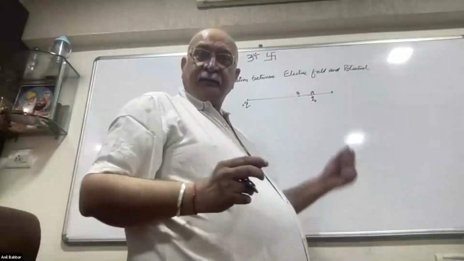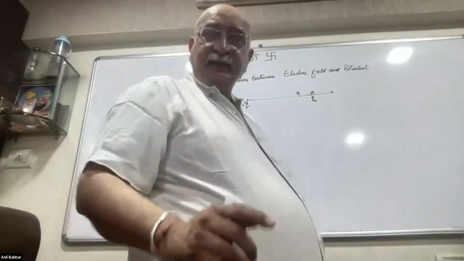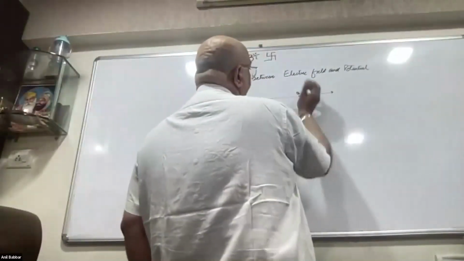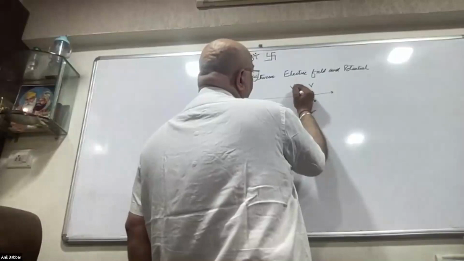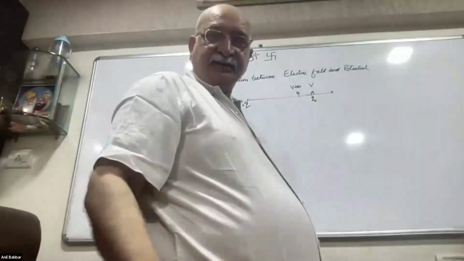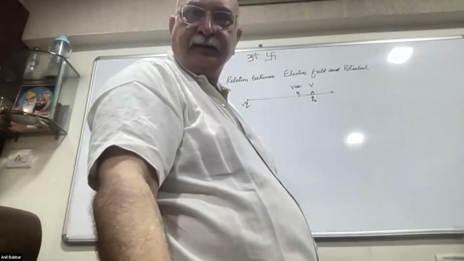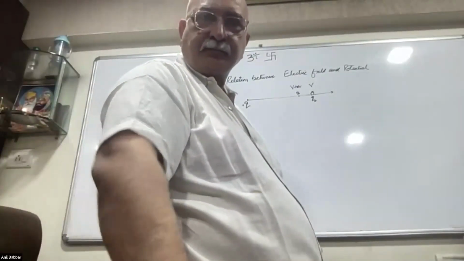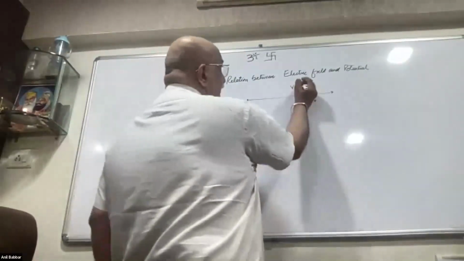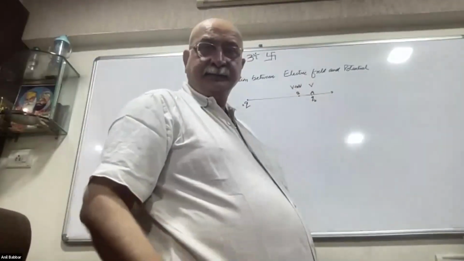Let the potential at point A be V, and the potential at B be V plus dV, a little more than that. So V and V plus dV are the potentials at point A and point B.